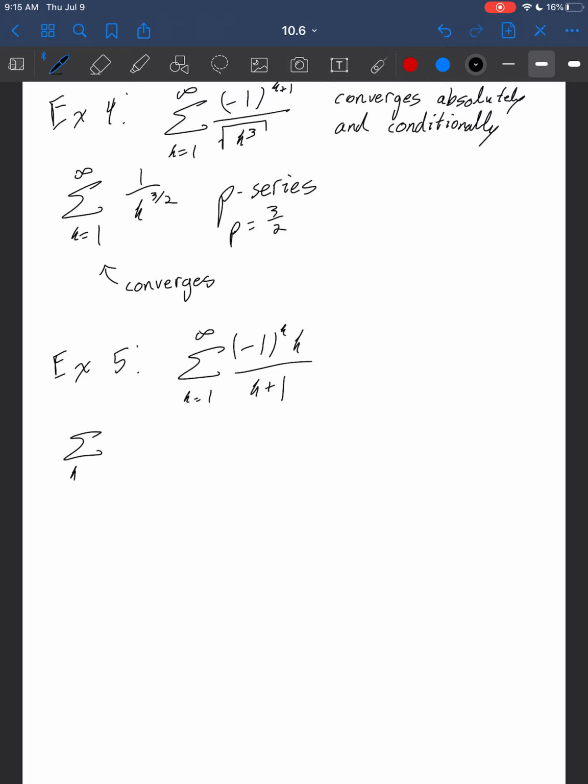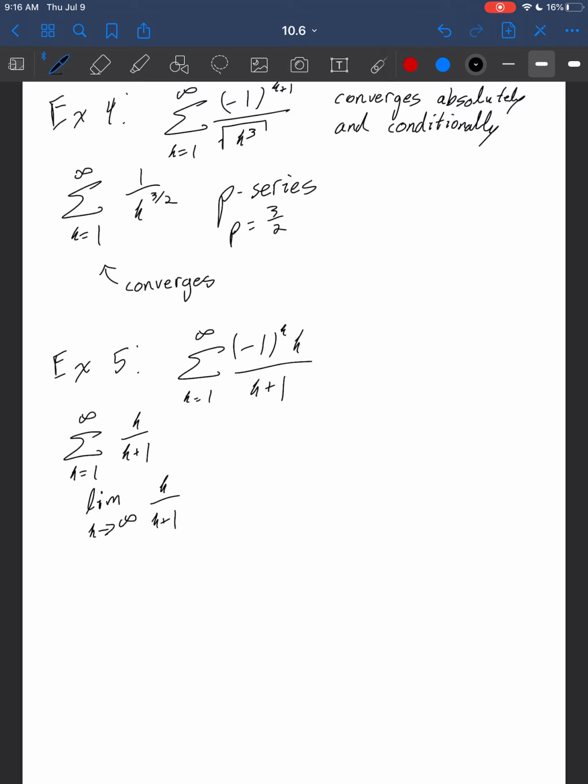Okay, so let's deal with converges absolutely first. So we are looking at the sum from k equals 1 to infinity of k over k plus 1. Now, if we do expect something is going to diverge, the divergence test is a great choice because it will always tell us if something diverges.